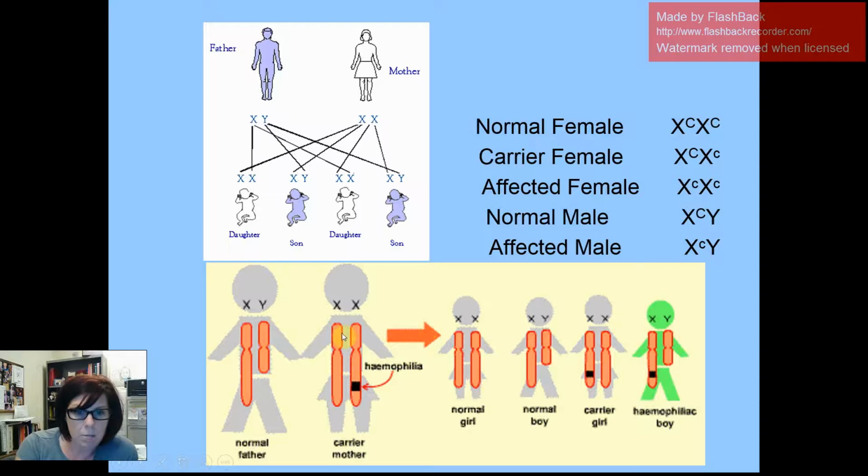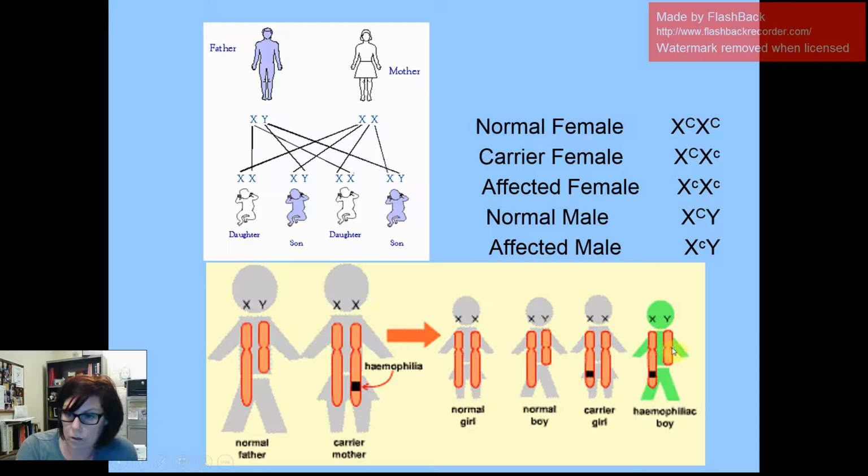The mother could pass on either the dominant on her X chromosome, so that would be a normal non-carrier female, and then here's her other daughter right here, and you could see that the mother passed on a recessive gene for hemophilia, so this daughter is just a carrier. She doesn't have hemophilia because, again, for females, she would have to inherit 2. But the boys, what is the male going to pass on to the boys?